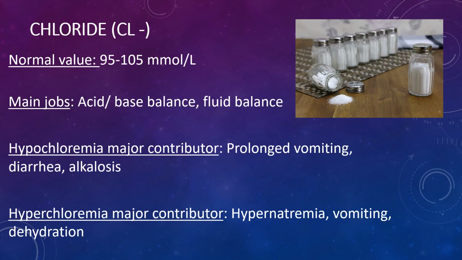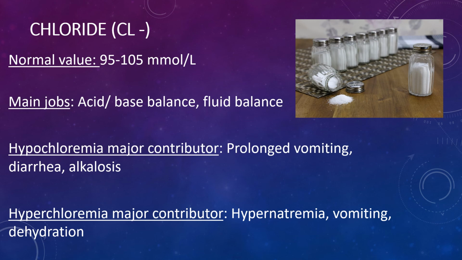And then finally, chloride. Chloride seems to be maybe the forgotten electrolyte, but it's important. Our normal chloride level is going to be 95 to 105. It plays a big role in acid-base balance. Hydrochloric acid, does that sound familiar? Chloride is a big part of that, so it plays a big role in acid-base balance.